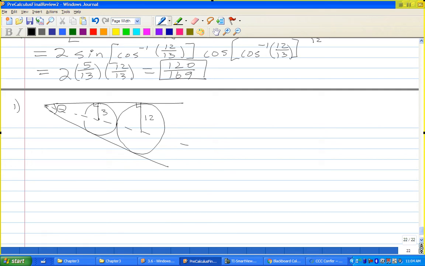And so then this is, I guess, let's call it theta over 2, this angle. Okay, so eventually I'll probably need that. And let's call this something.